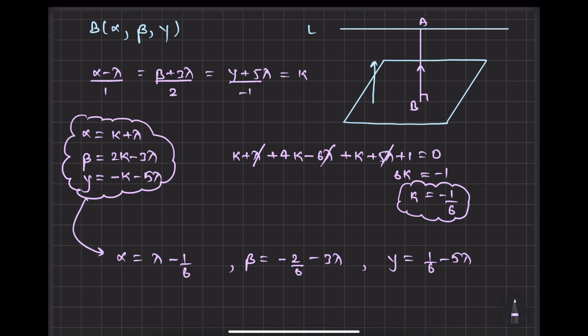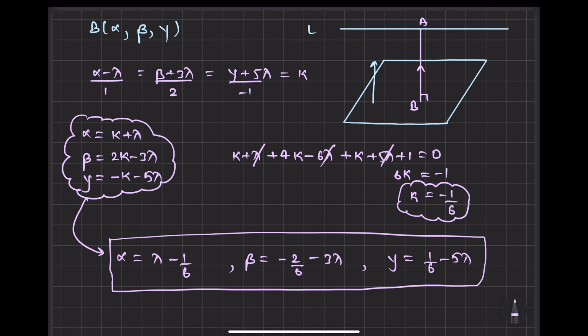Okay, so this is your alpha, beta, gamma. So based on different values of lambda, suppose lambda is 0 you get one thing, lambda 1 you get another thing, lambda 2 you get another thing. So this is the locus of the feet of perpendicular.